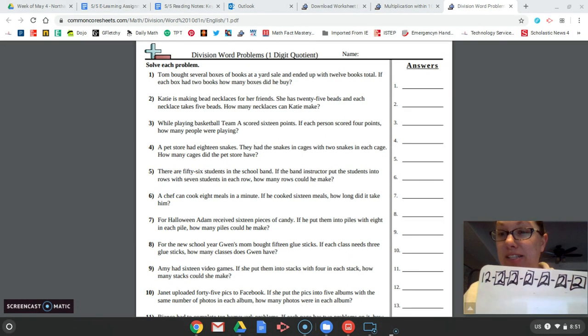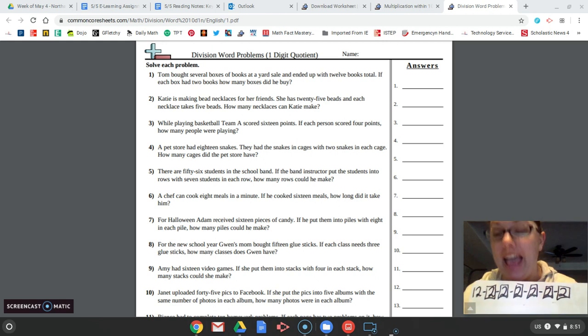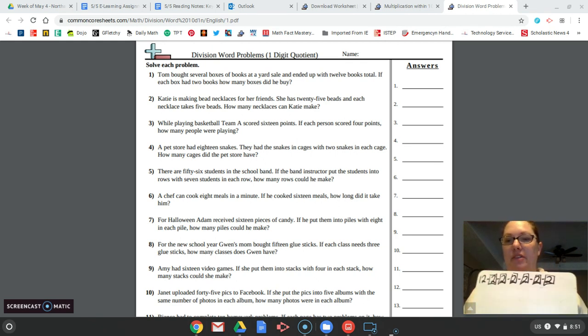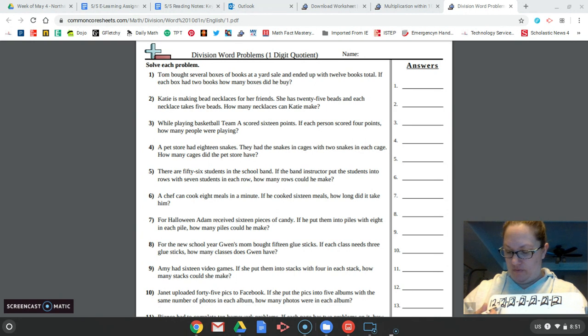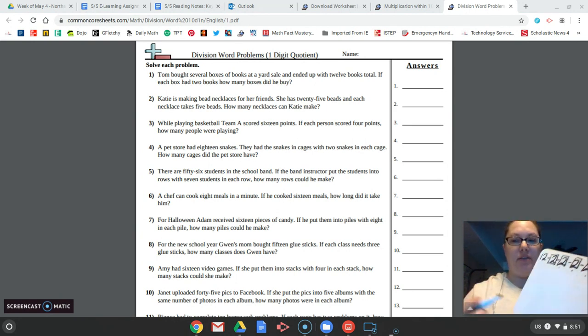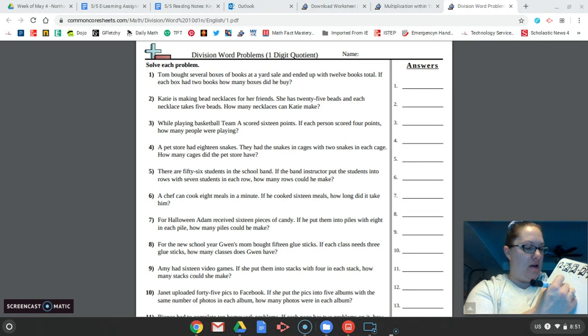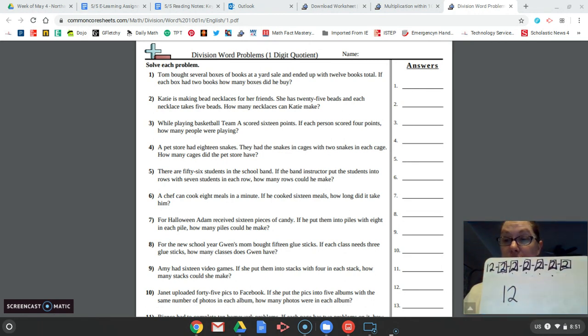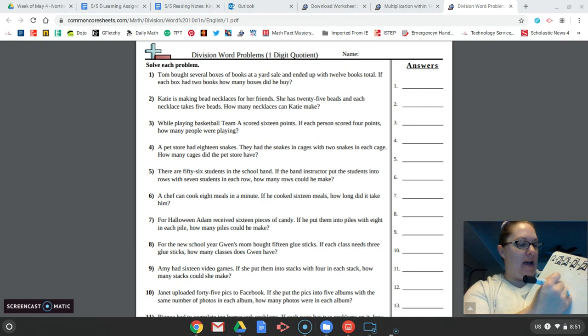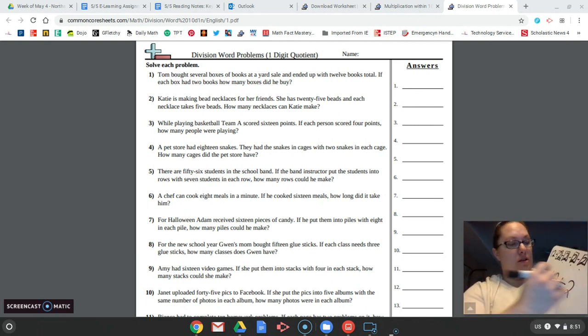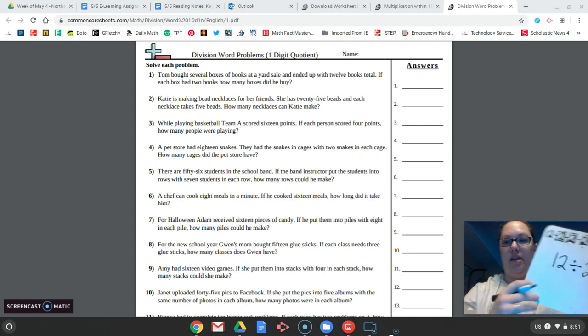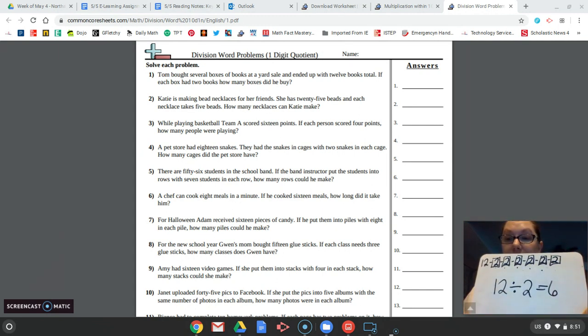I stopped to think and it was right. I don't know what's wrong with my brain this morning. Okay, so we have 1, 2, 3, 4, 5, 6 boxes. So that means if we have 12 books divided into groups of 2, our answer would be 6 boxes.